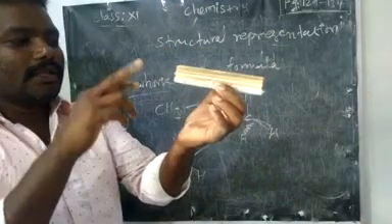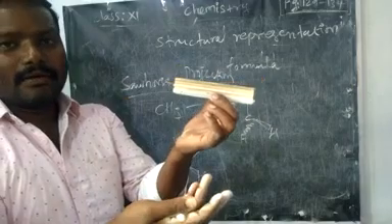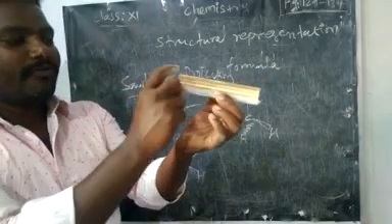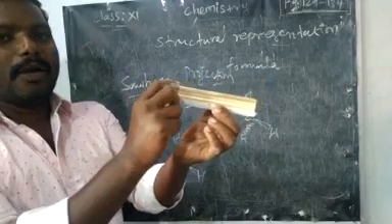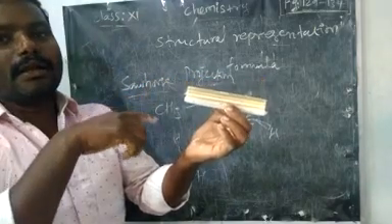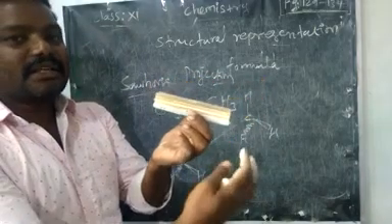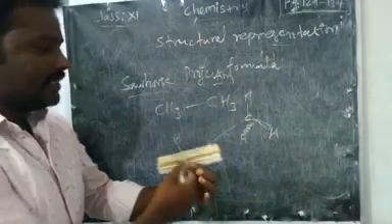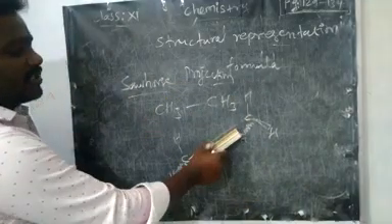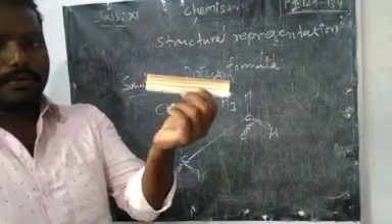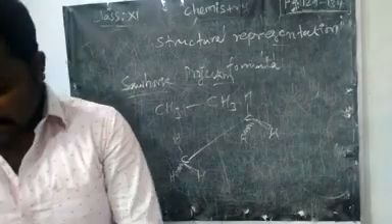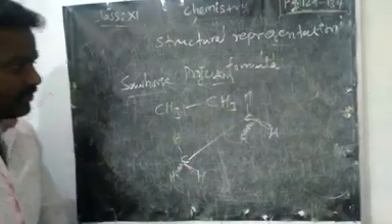So by representing a circle, you could understand there are two carbons. The front side carbon is considered as a circle. On the back side of the circle, we have one more carbon. If you take this same Sawhorse projection in your hand and see it from the front side, you will get one structure. That is only the Newman projection formula.